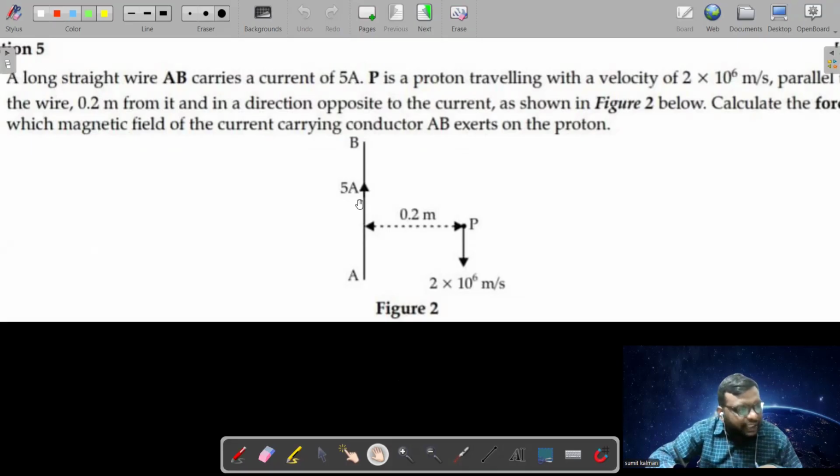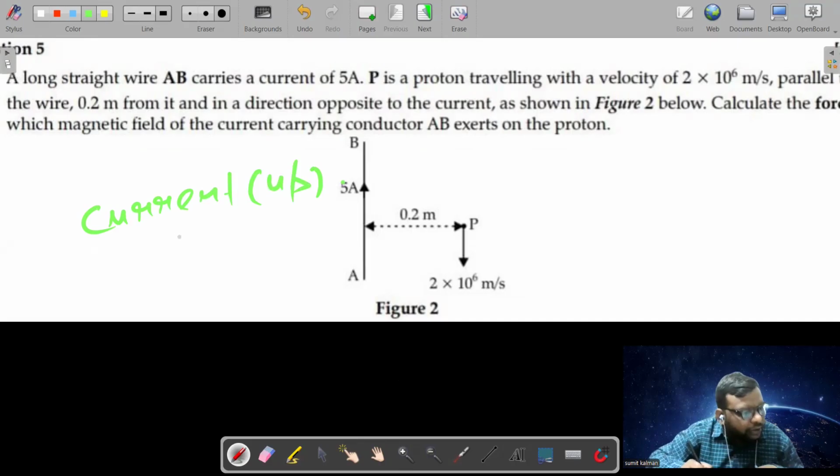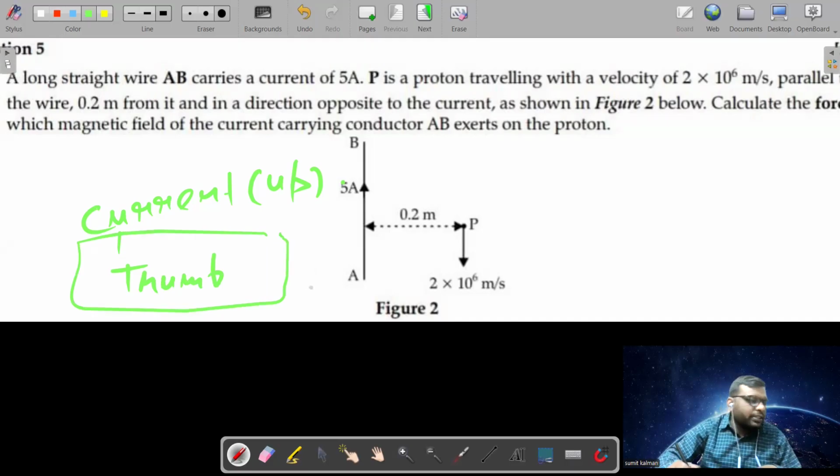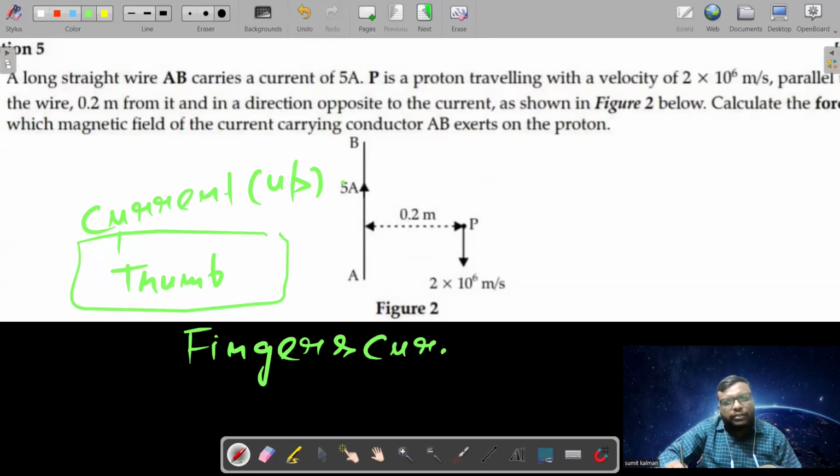Now students, if you will use right hand thumb rule, current is in upward direction, and if current is flowing in a wire in upward direction, then using right hand thumb rule, if you put your thumb in the direction of current, and curl your fingers around the wire, it will give the direction of magnetic field.